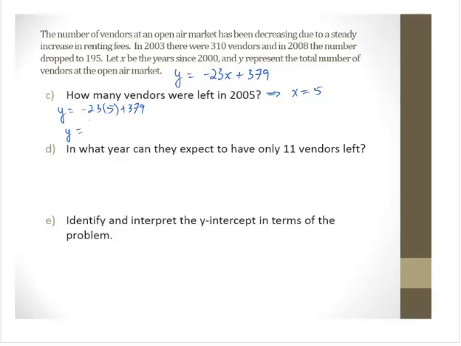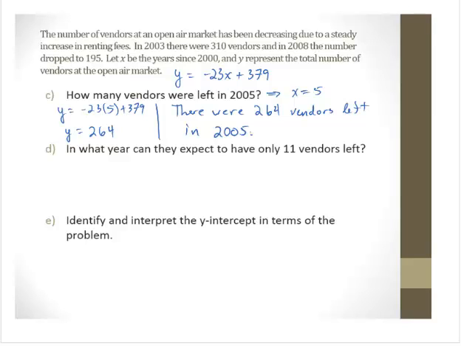And going through that calculation, we get 264. Conclusion: there were 264 vendors left in 2005.